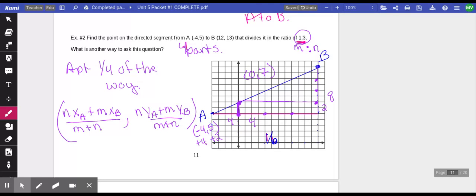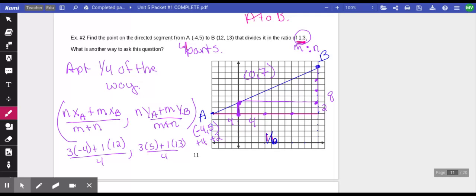So let's see how this works. So my N is 3. So I do 3 times -4 plus 1 times 12 over 4, comma, 3 times 5 plus 1 times 13 over 4.